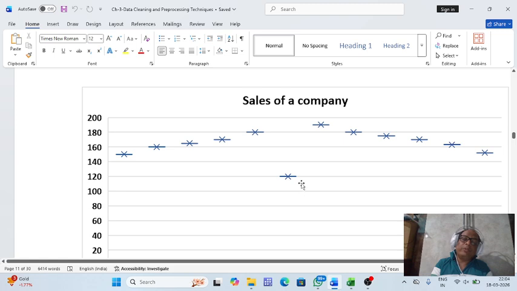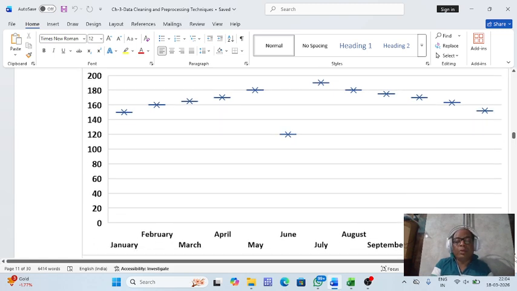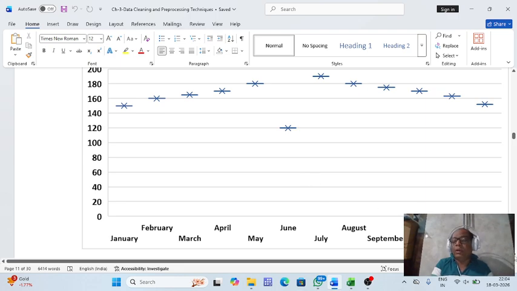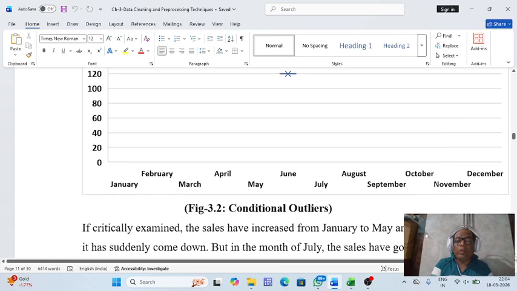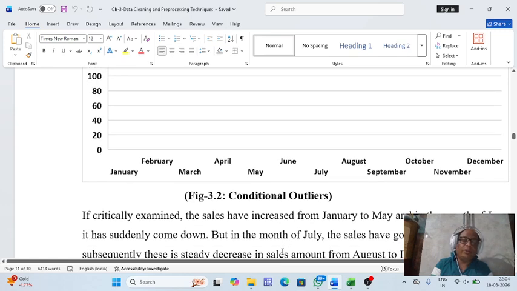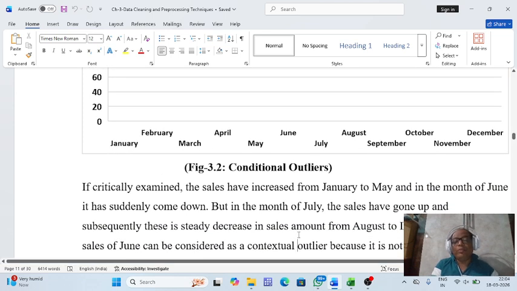So this value, around 120 in the month of June, is a contextual outlier, and see why it is. If critically examined, the sales have increased from January to May, and in June it has suddenly come down. But in July again the sales have gone up, and subsequently it has come down in December.